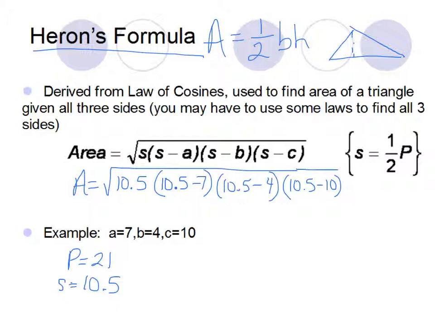Close that parenthesis, take the square root of all that, and we should end up with the area equal to 10.93. And if they give you units of some sort, then you can write that. I would just write units squared, because remember it's area, so that would be the area of it.